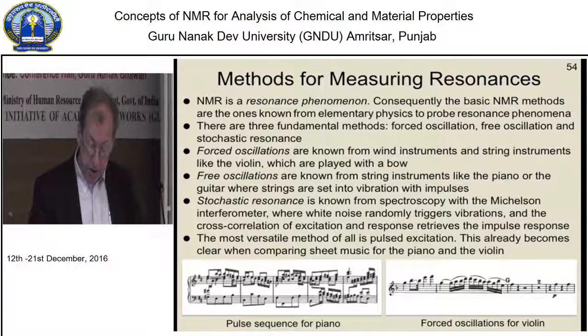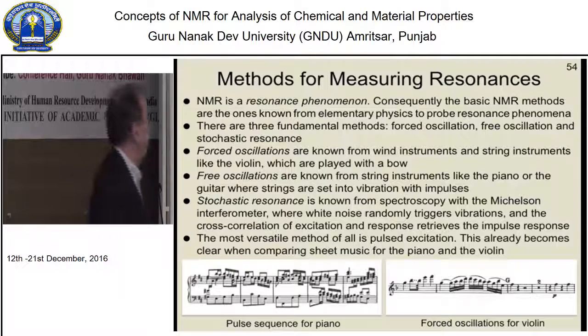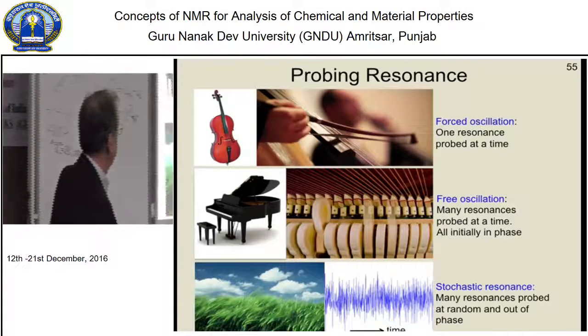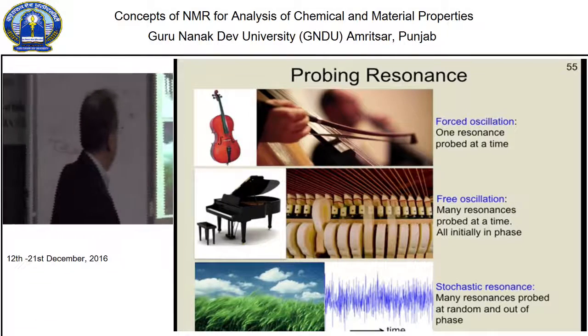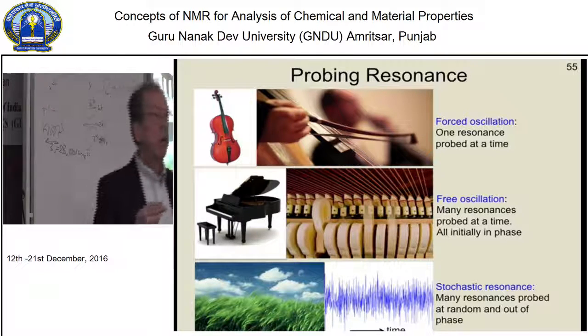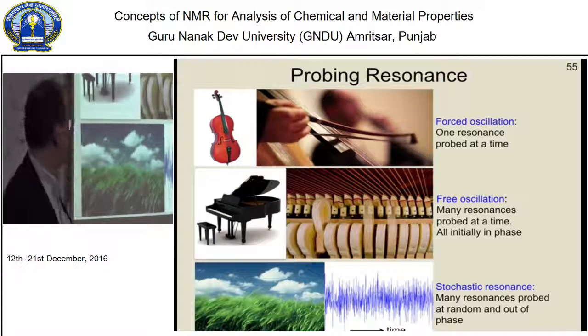And this is sort of the three different cases that we have. We have the violin player. We have the piano player, where you can play 3 notes at a time in this case. Or the third one is noise excitation. You take a random radio frequency field and do your NMR, measure your NMR response.